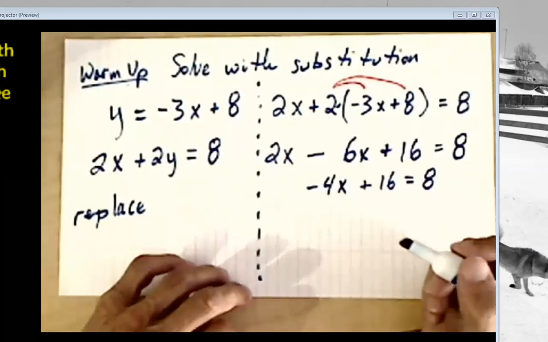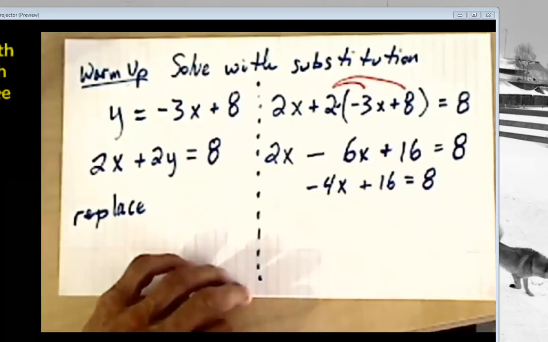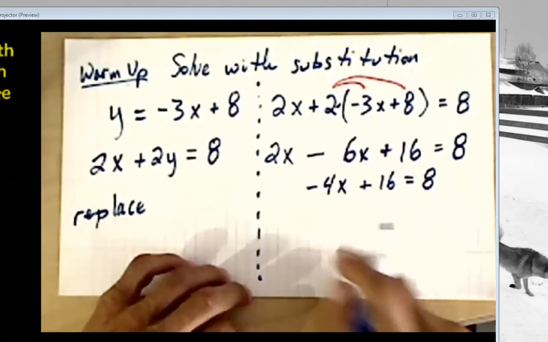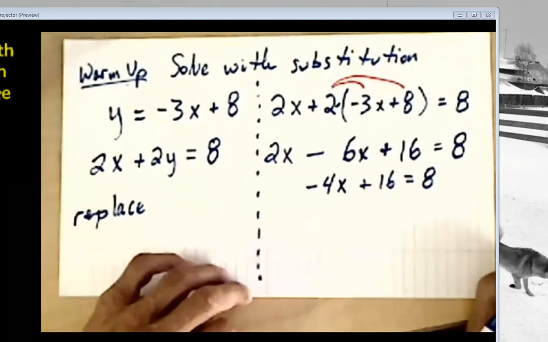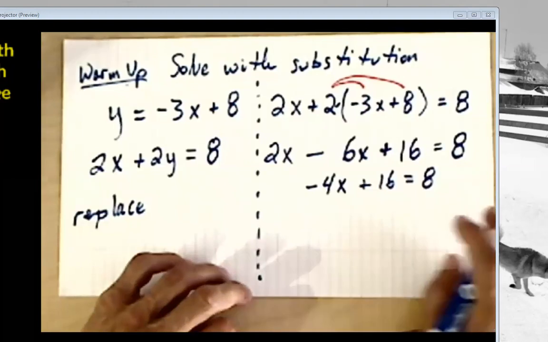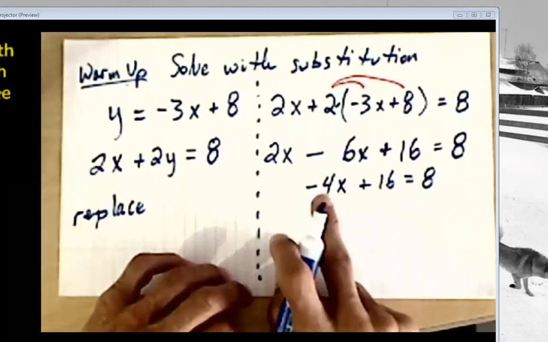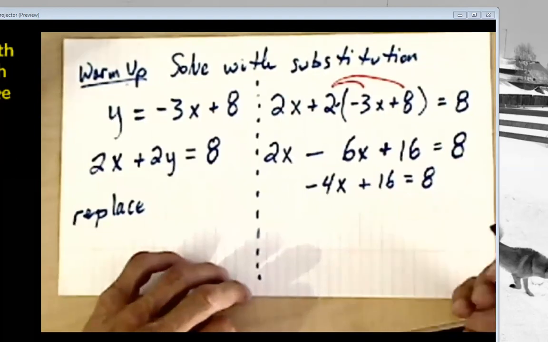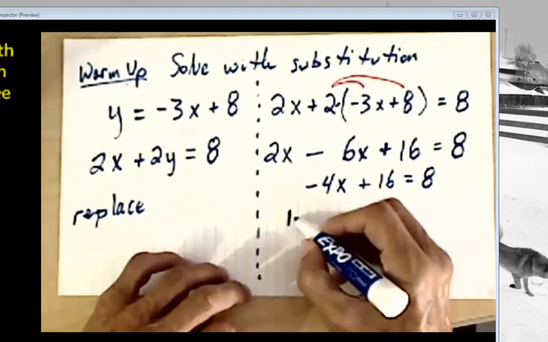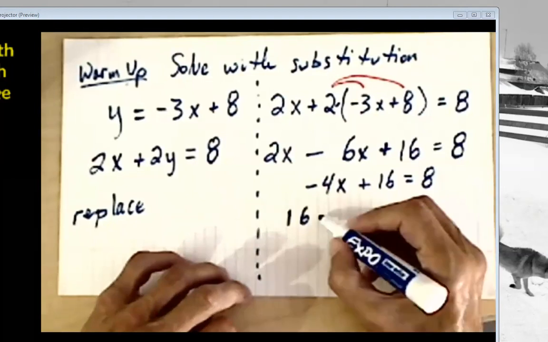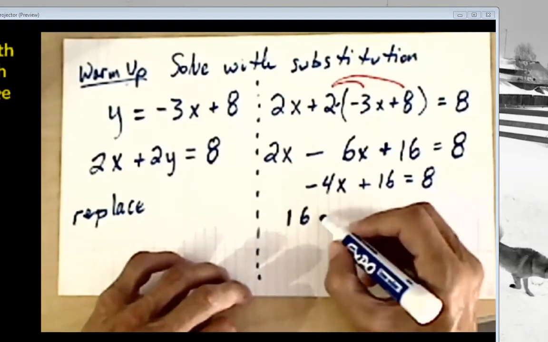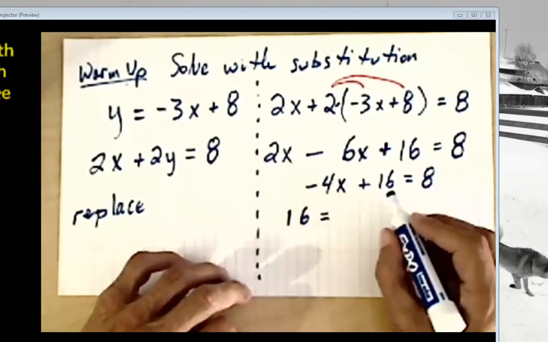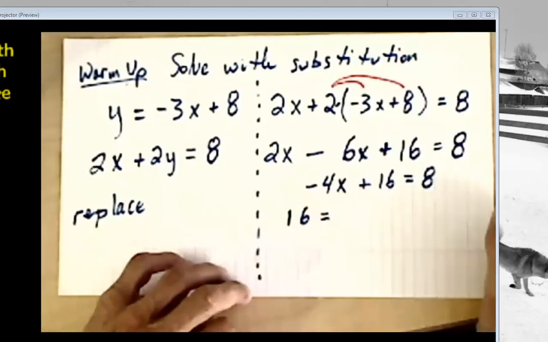Do we want a plus or do we want a minus now? Okay, so we'll move the minus 4x to the other side, so it's positive. 16's on the left, it stays as it is.